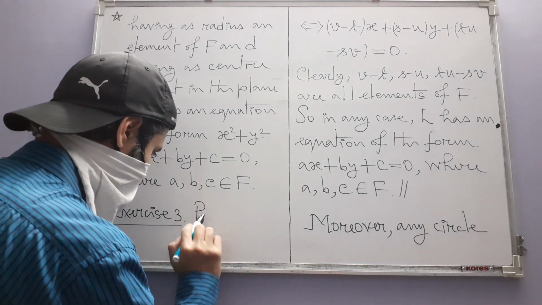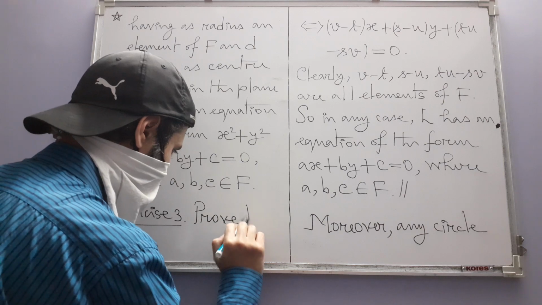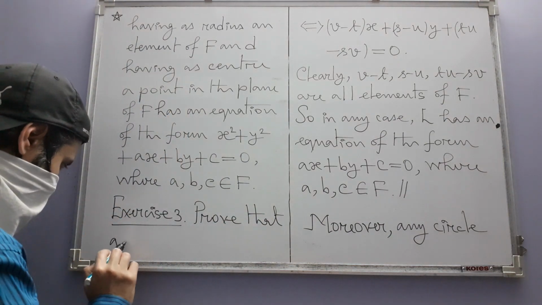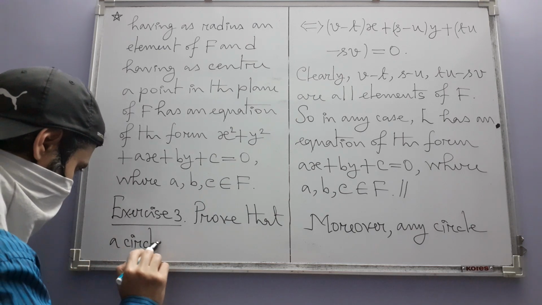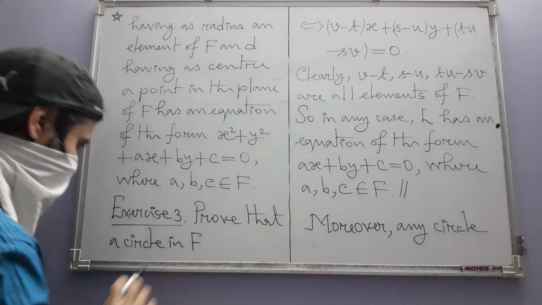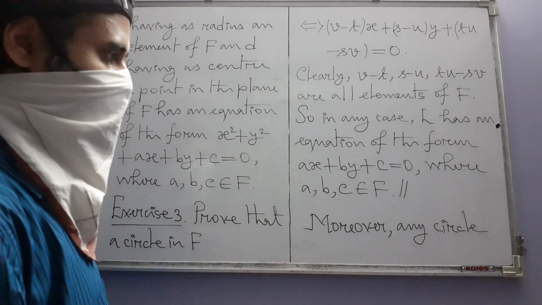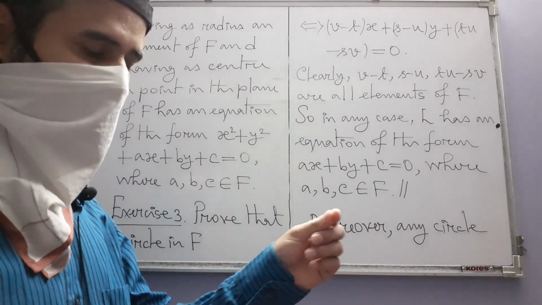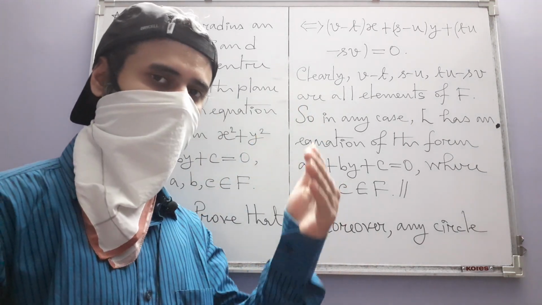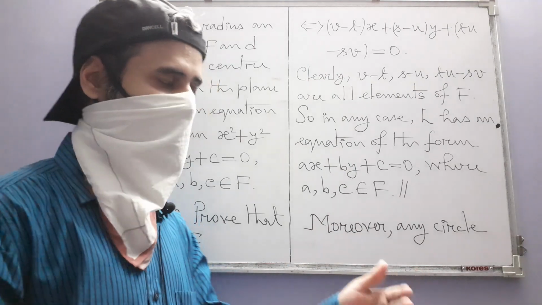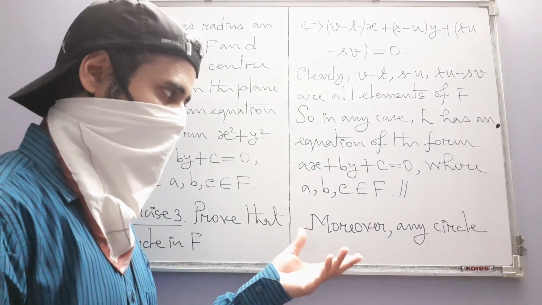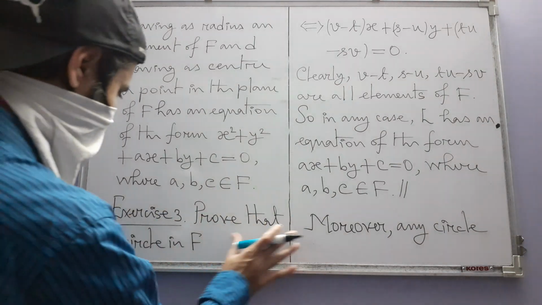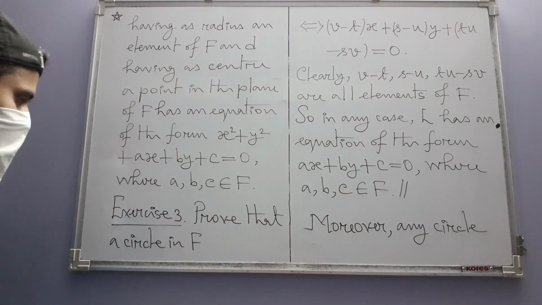Prove that a circle in F. Now just like a line in F, by a circle in F we mean a circle whose center is a point in the Cartesian product F cross F and whose radius is an element in F. So that's what a circle in F means.